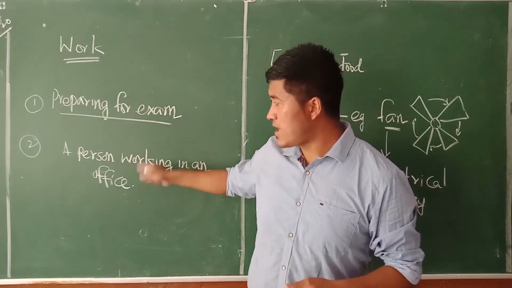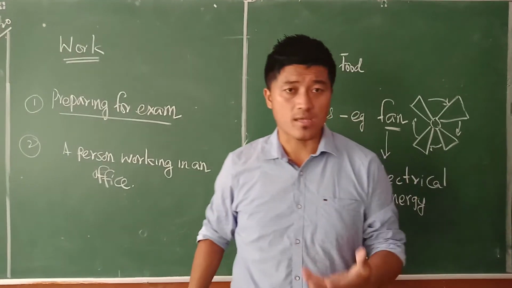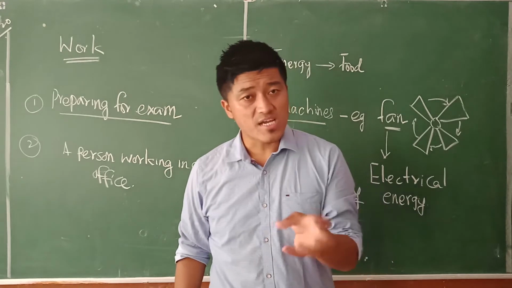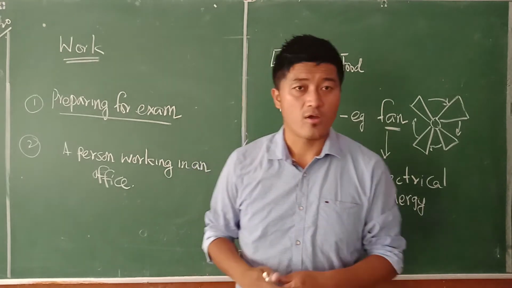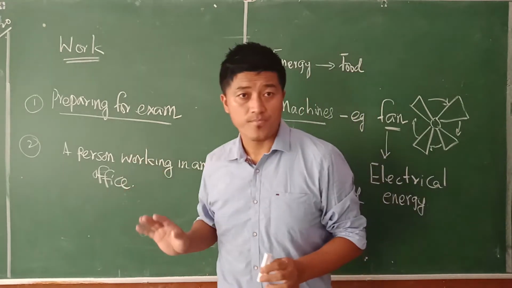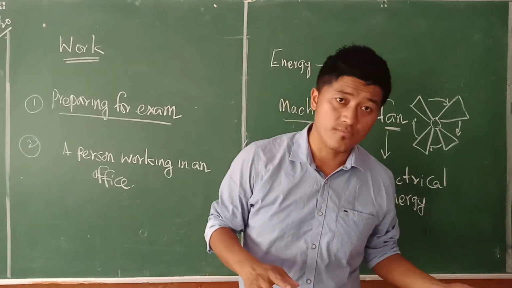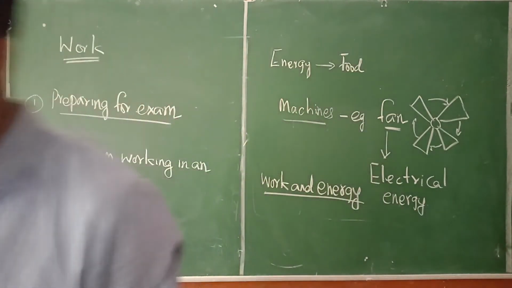Now in these two cases, we normally say that we are doing some amount of work, but according to the scientific definition of work, this is not called work. Because according to the scientific definition, there is another concept also. Okay, let's go for it.